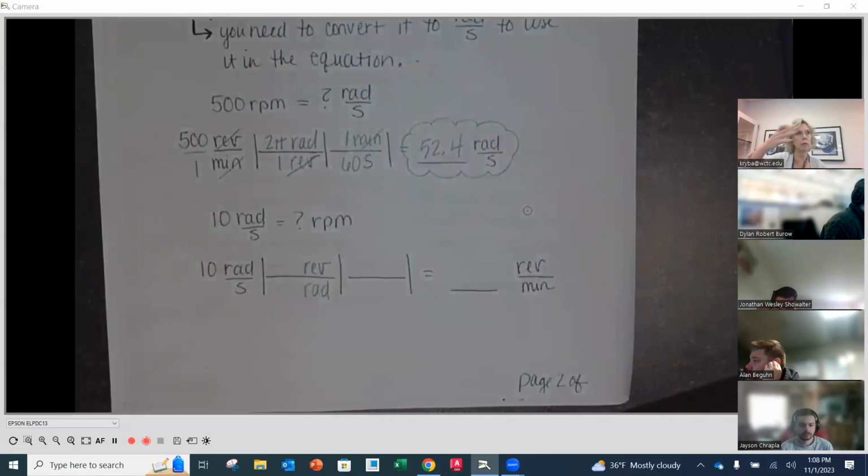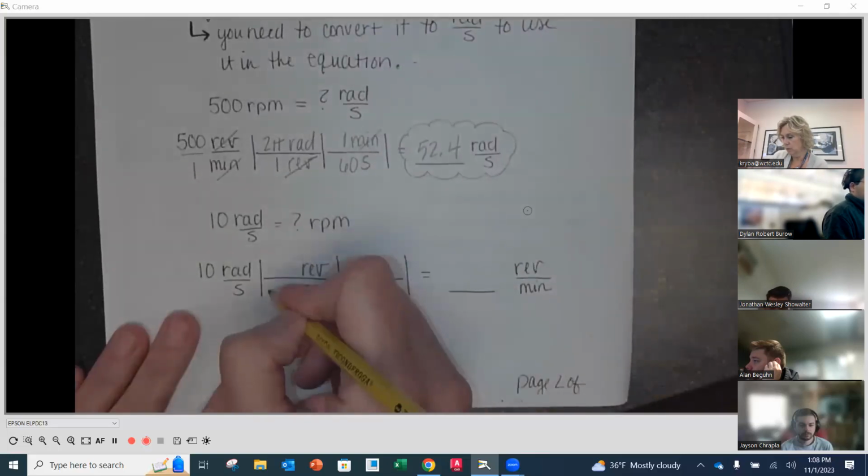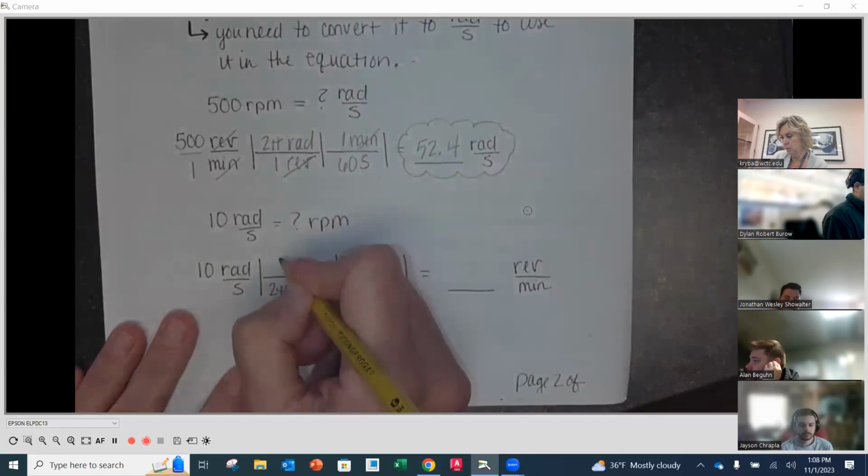So you guys tell me, what is the conversion between revolutions and radians? Well, how many radians are in a revolution? 2 pi, right? So 2 pi is equal to 1 revolution.